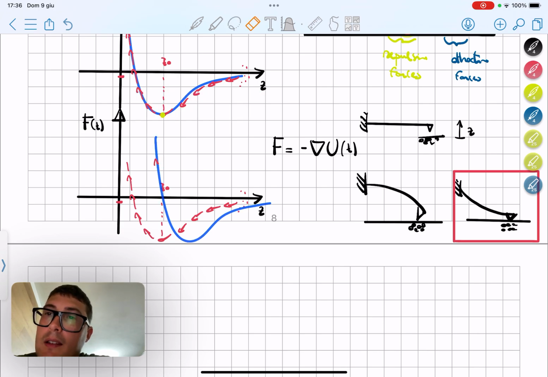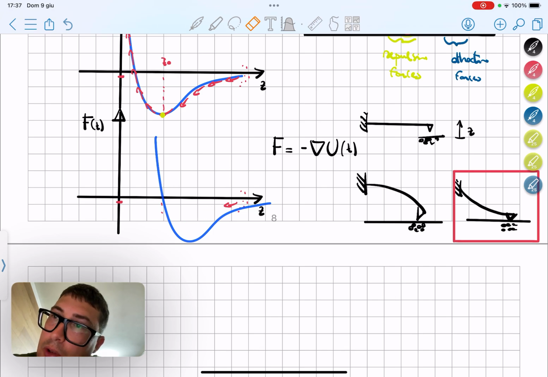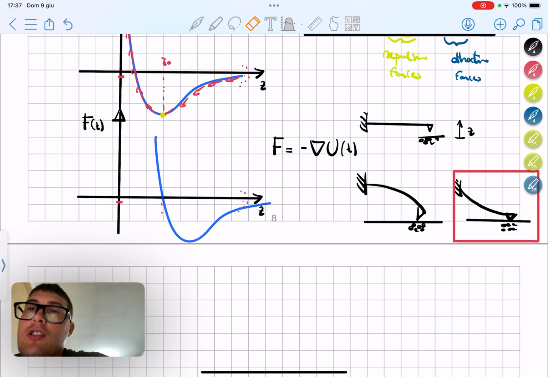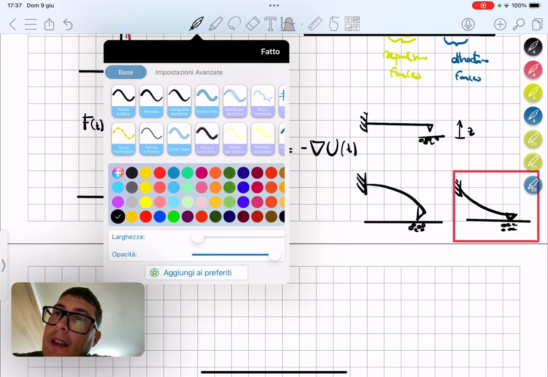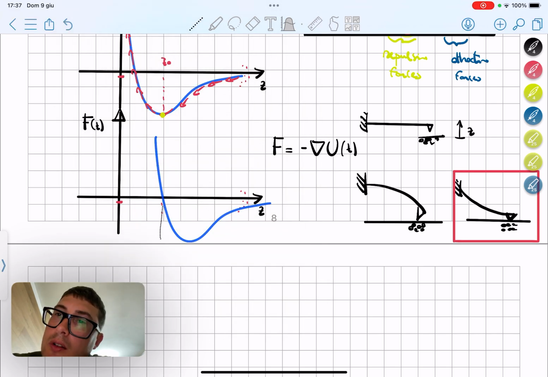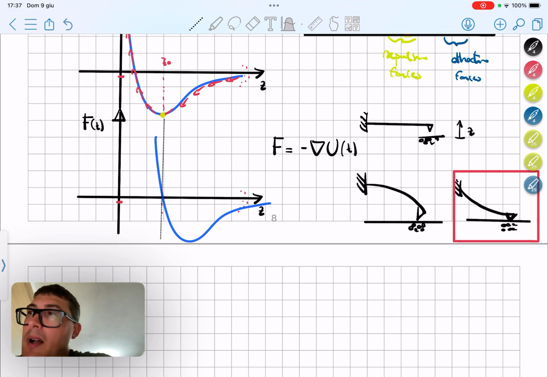Something like that. Of course, there will be some change in the overall shape of the curve, but essentially this is the changing point from contact to non-contact, where the forces become repulsive.